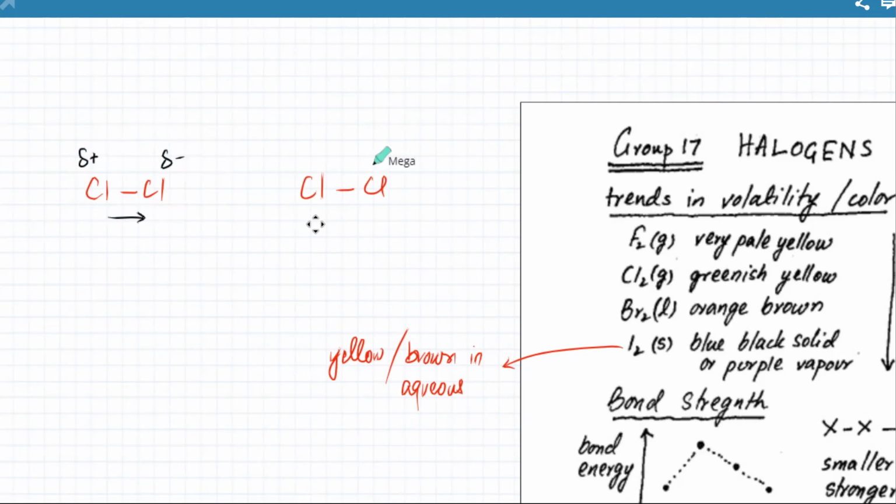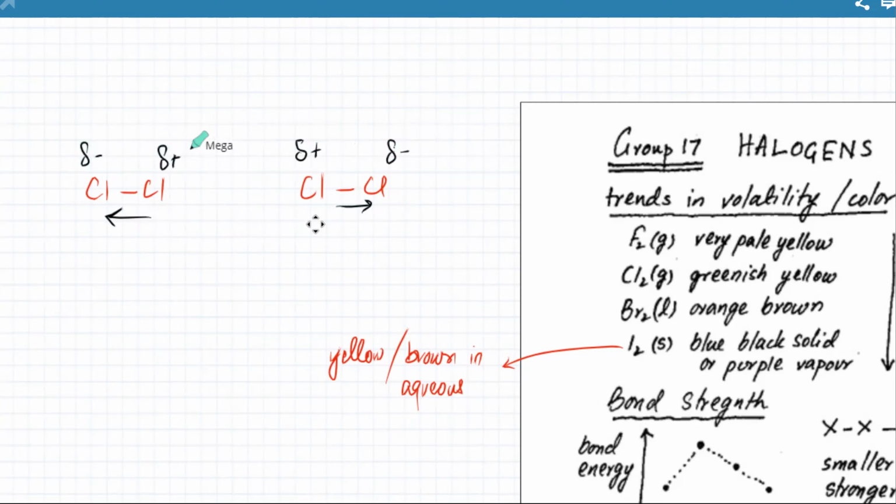And because of the negative charge over here, the electrons in the other molecule also get pushed to the right. This side becomes slightly negative, this side slightly positive. And then due to some random reason, the molecule might bump and the electrons might get shifted to the left. So this side becomes slightly negative and this side slightly positive.